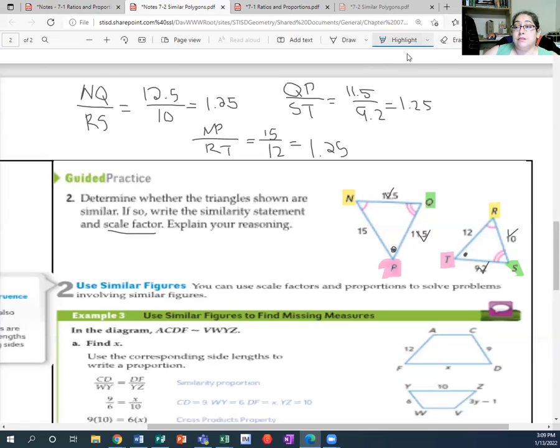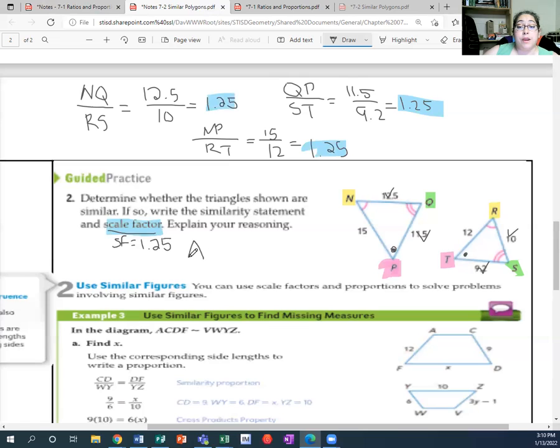And all of my scale factors are the same. All of my ratios are the same, which means they're in proportion, which means that's my scale factor. I can abbreviate that as SF if I want to. My scale factor is 1.25.